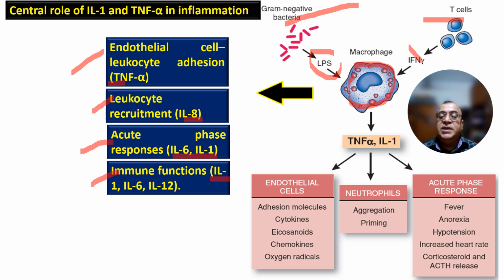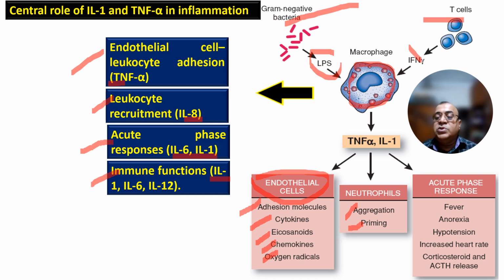So these mediators, TNF and interleukin 1, exert their effect on endothelial cells. There is adhesion molecule expression, liberation of cytokines, eicosanoids, chemokines and oxygen radicals, while the effects on neutrophils are priming and aggregation of the neutrophils.